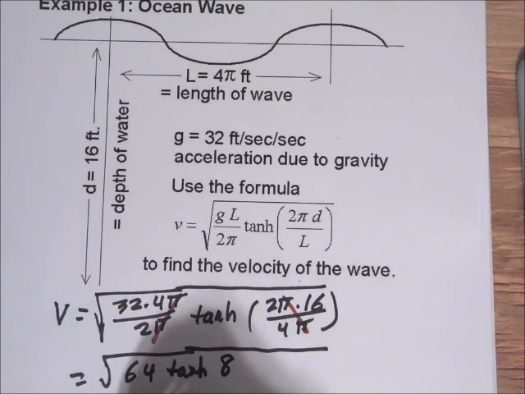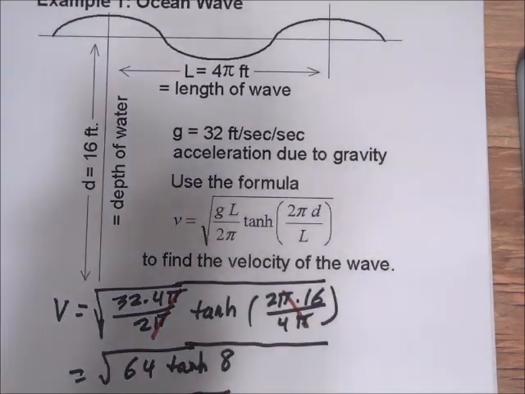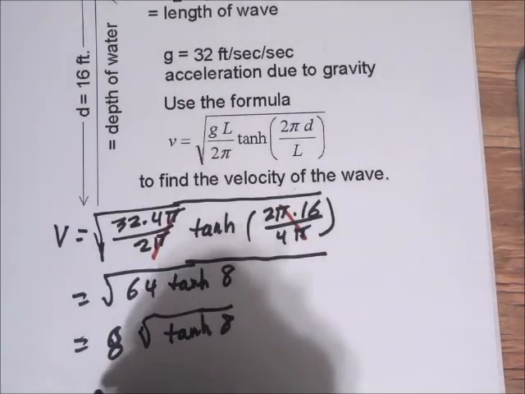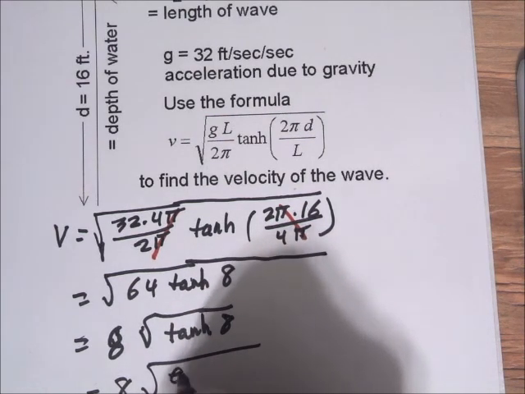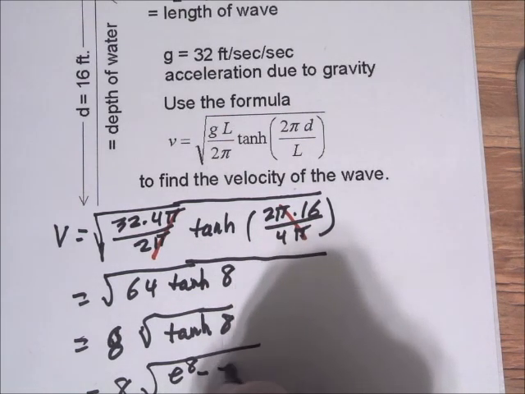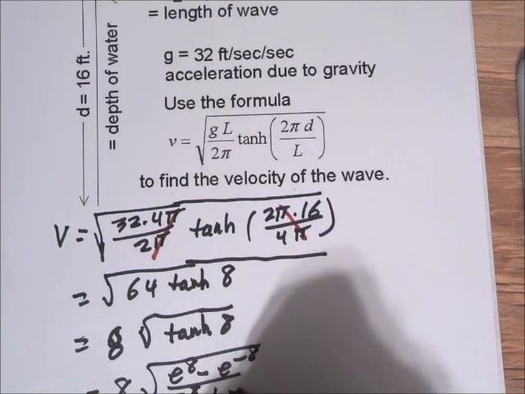So the square root of 64 is 8, so this is going to be 8 times the square root of the hyperbolic tangent of 8. And this is pretty close to 8. It's 8 square root of e to the 8 minus e to the minus 8 over e to the 8 plus e to the minus 8.